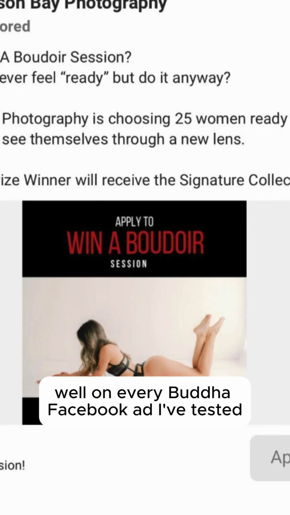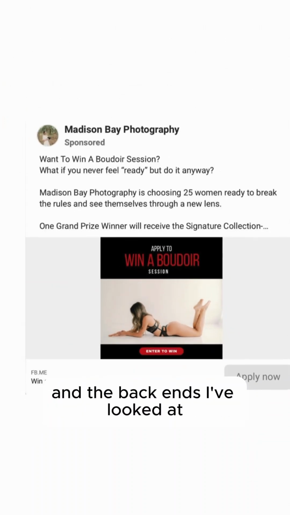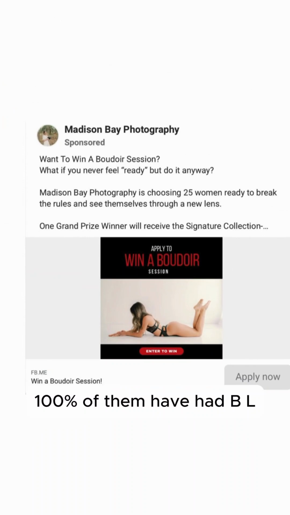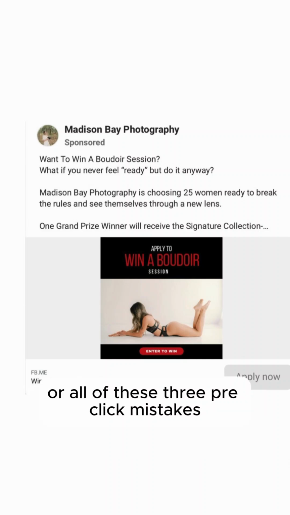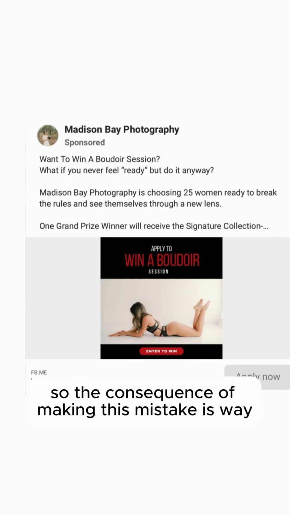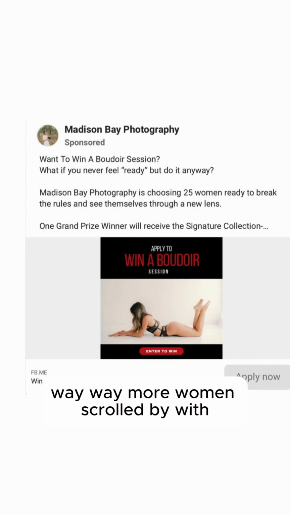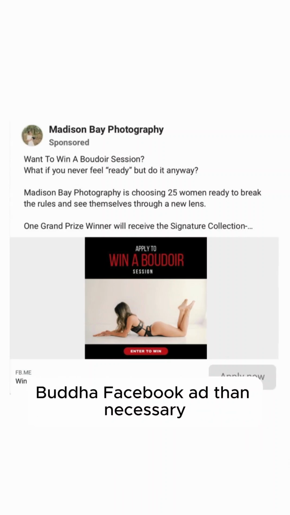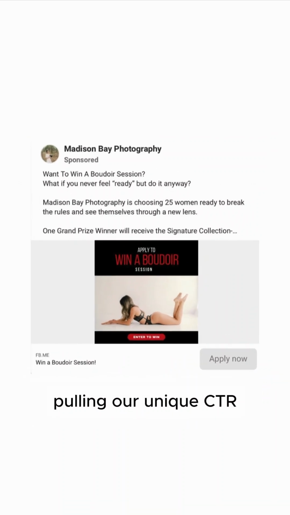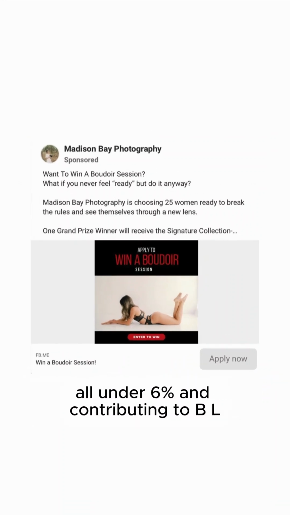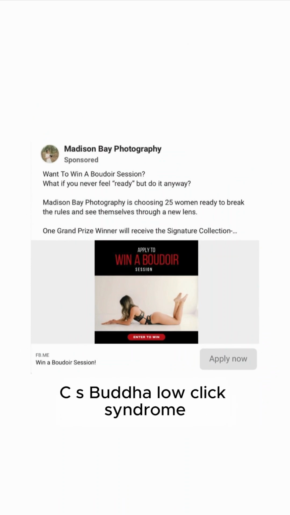Well, in every Boudoir Facebook ad I've tested and the backends I've looked at, 100% of them have had BLCS, Boudoir low click syndrome, because they're making some or all of these three pre-click mistakes. The consequence of making this mistake is way more women scrolling by our Boudoir Facebook ads than necessary, pulling our unique CTR under 6% and contributing to BLCS, Boudoir low click syndrome.